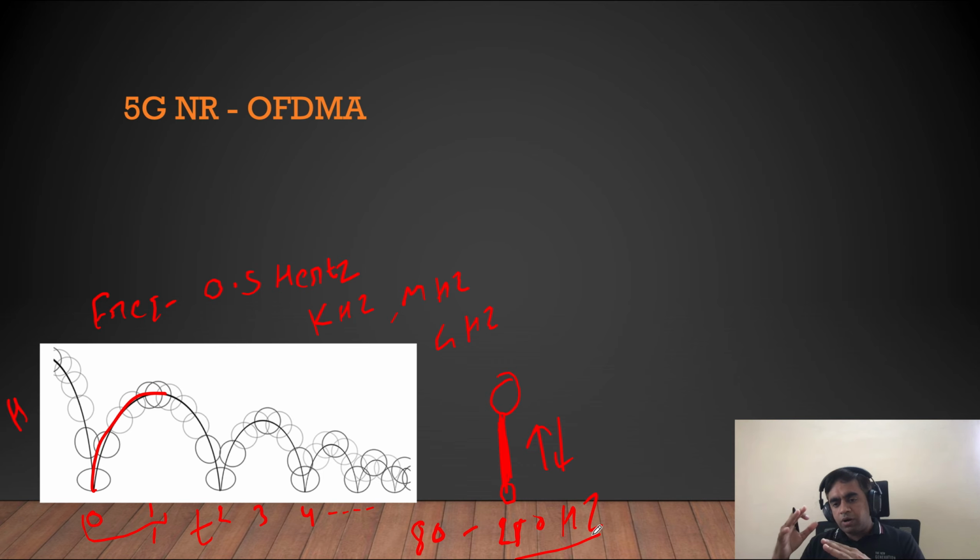So if we want to use this range, 80 to 280 hertz, in wireless communication, it basically does not have any use because it deteriorates with the distance that it travels.